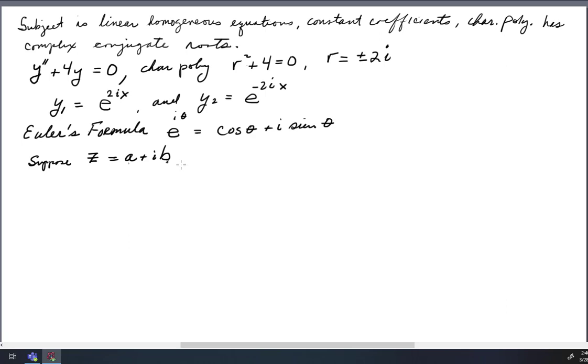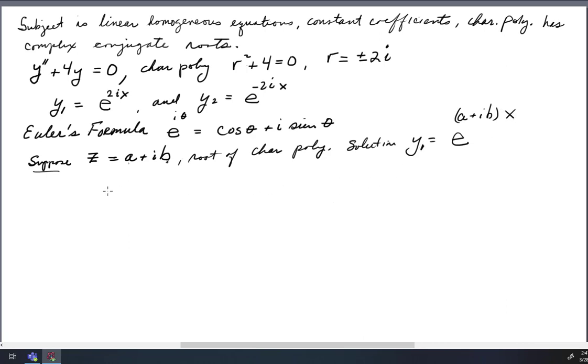So suppose that z is equal to a plus ib, and z would be, in our supposition here, a root of the characteristic polynomial. So a solution would be y equal e to the (a plus ib)x.